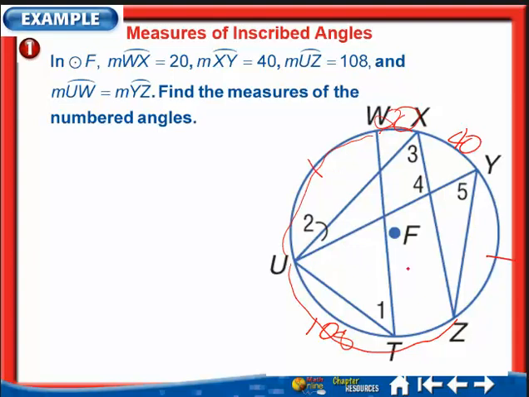So we have everything around the whole circle accounted for. Find the measures of the numbered angles. Well, I'm going to take these arcs and fill in these unknowns right here first, because if I know my arc measures, I can find my angle measures.